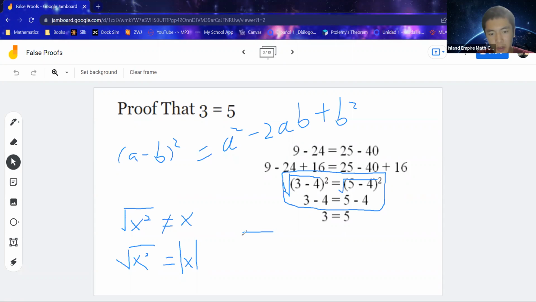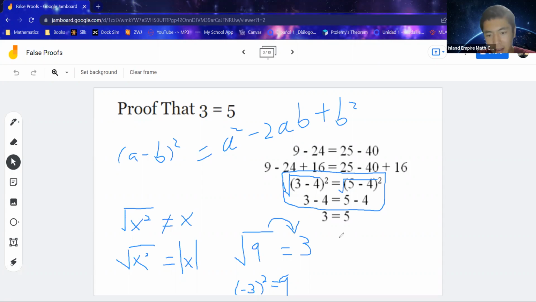For example, when we try to find the square root of 9, this function, square root as a function, gives you 3, even though -3 squared also gives you 9. The square root function always gives you the positive square root, right?